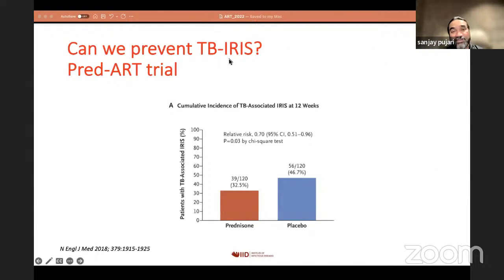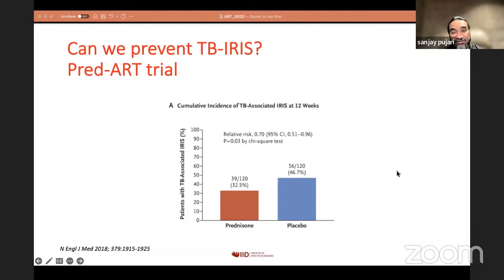The other important complication is TB IRIS, and this is important: any patient who comes to you with TB and HIV, you initially start TB treatment, and then you initiate ART about 2 weeks later. If the CD4 count is less than 100, they have a high risk of developing TB IRIS.